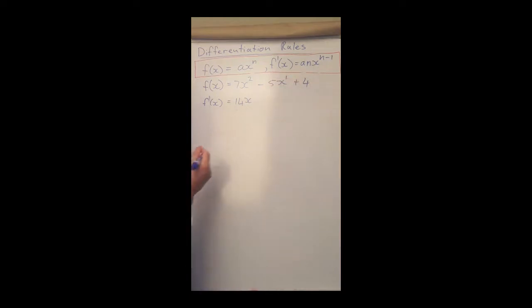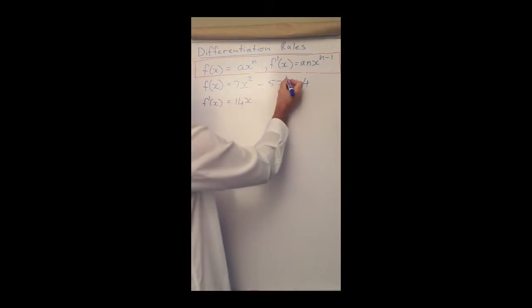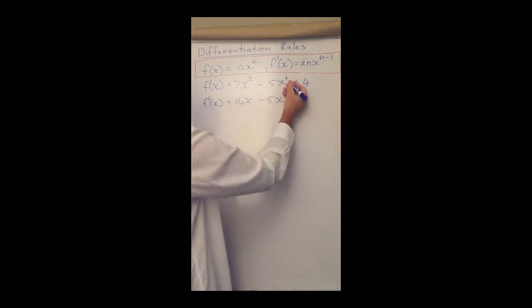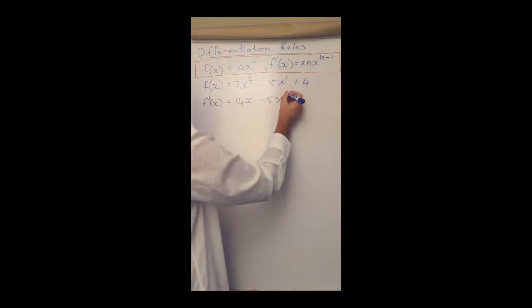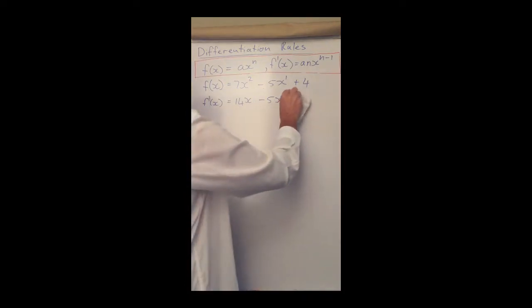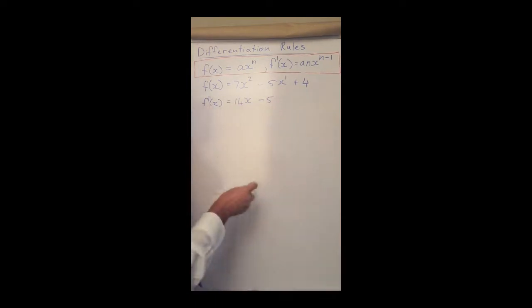My exponent is an invisible 1. So minus 5 times 1 gives me minus 5, write down x. Now I subtract 1 from 1, and that gives me 0. Anything to the power of 0 is equal to 1, so no need to write down x to the power of 0.